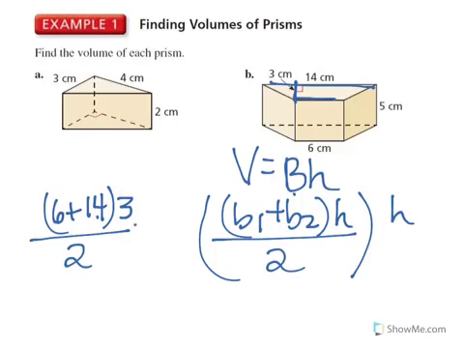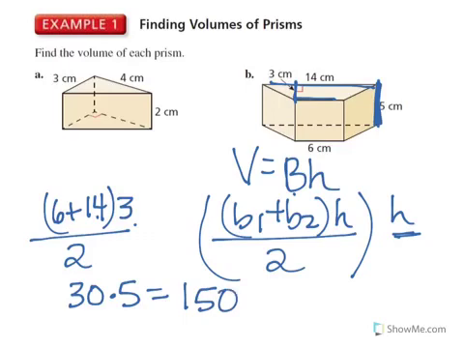And 60 divided by 2 would give us 30. So we have 30. We still need to multiply it times the height of the prism, sorry. And the height of the prism is the distance between the two bases. So 30 times 5 is going to equal 150 centimeters cubed.